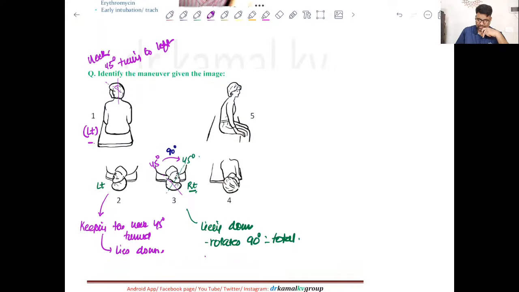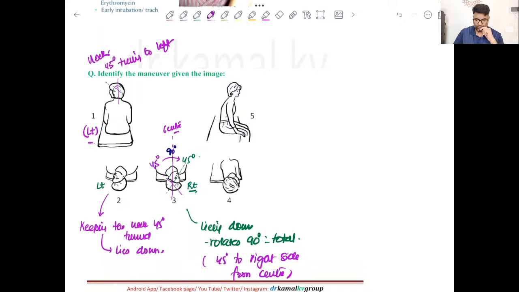In simpler words, it is 45 degrees to the right side from center. Clear? If I draw a center something like this, it has gone 45 degrees from the center. But if you count it from the position of image number 2, it is almost 90 degrees, right? So please mind these words, what actually is being given. So this is in third.